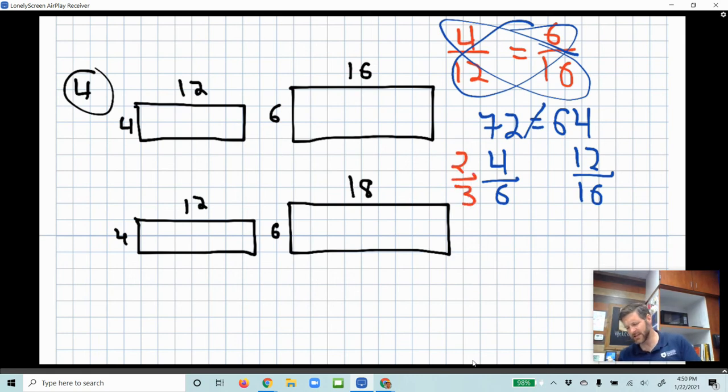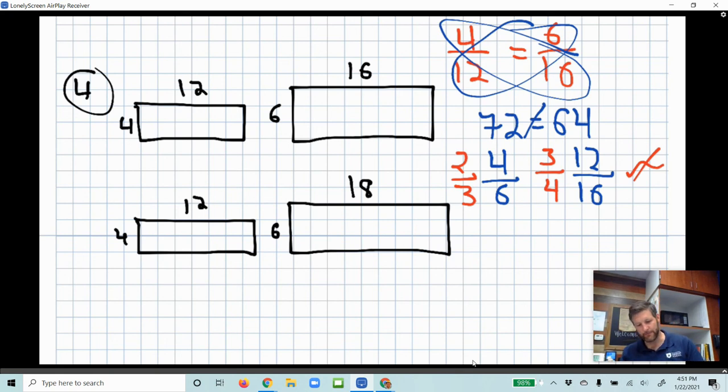And 12 over 16 reduces to 3/4. So in other words, these two have a similarity ratio of 2/3, whereas these have a similarity ratio of 3/4. If all sides don't have the same similarity ratio, then no, they are not similar.